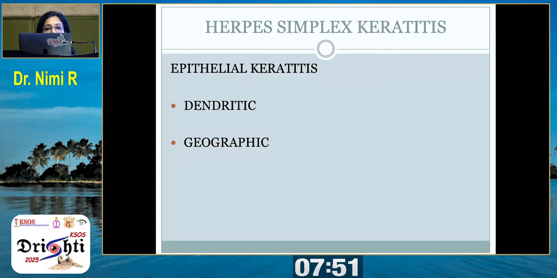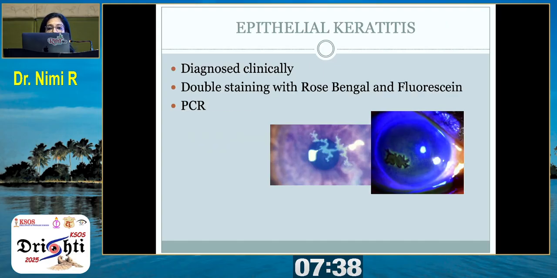First of all, let me talk about herpes simplex keratitis. As Dr. Jasmine has already mentioned, there are various types: epithelial keratitis, stromal keratitis, and endothelial keratitis. Epithelial keratitis is diagnosed clinically.